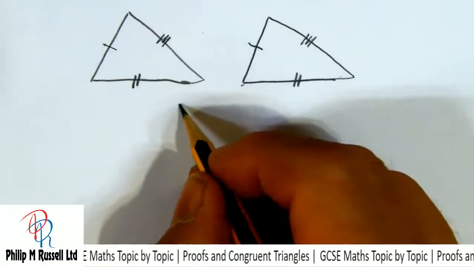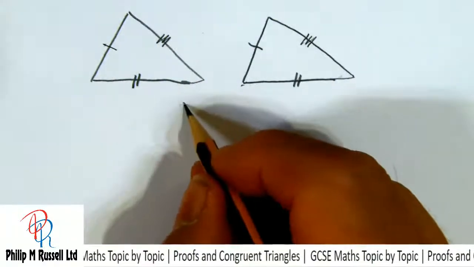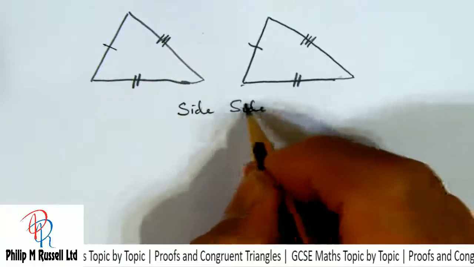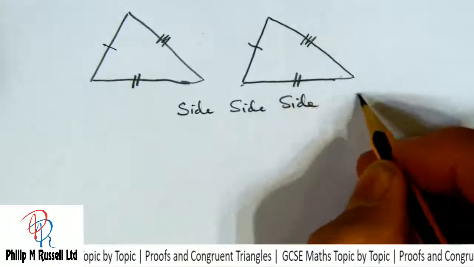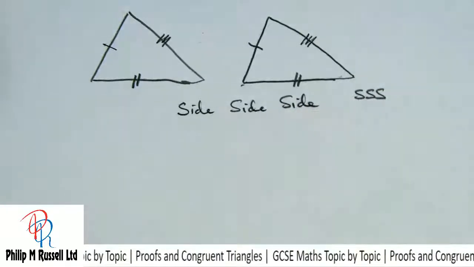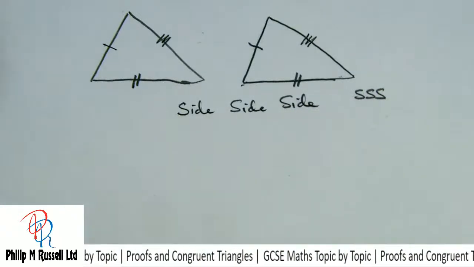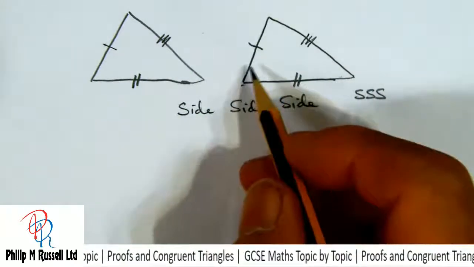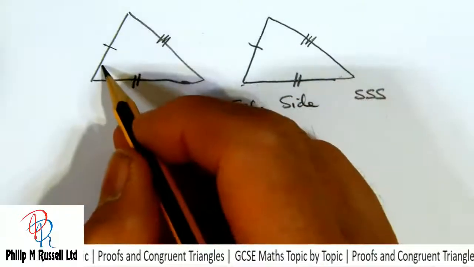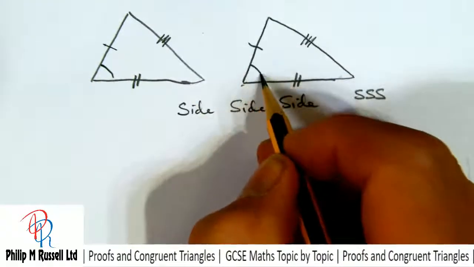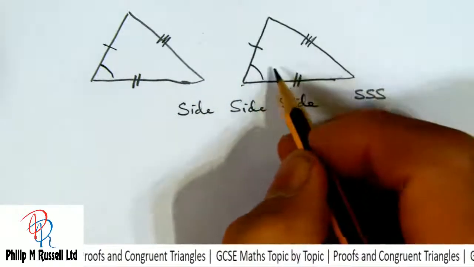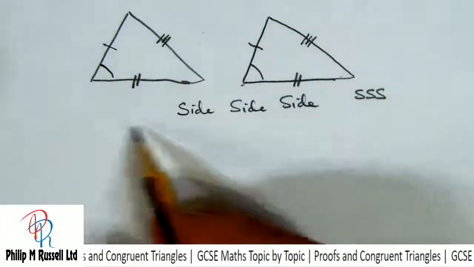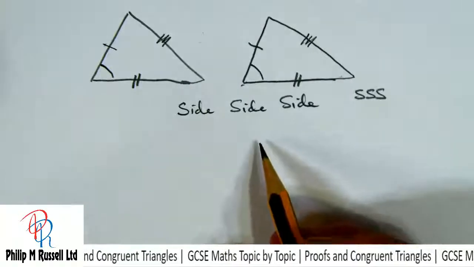This we prove just by having those three sides. It's called side, side, side, or better just SSS, and we've proved that these two triangles have to be identical. To have the same sides, they've got to have the same angles, and if they are the same sizes, then the triangles are congruent. They are identical.